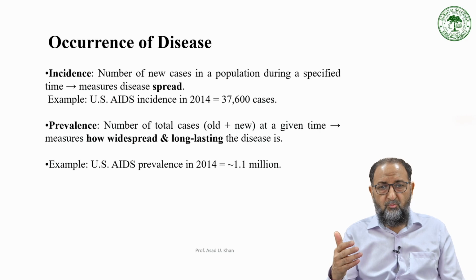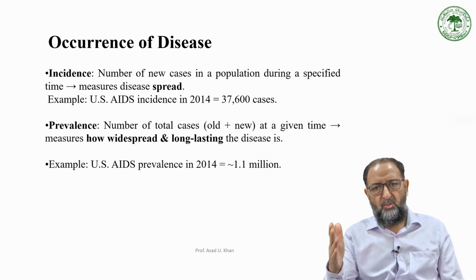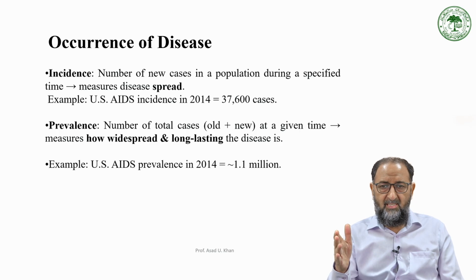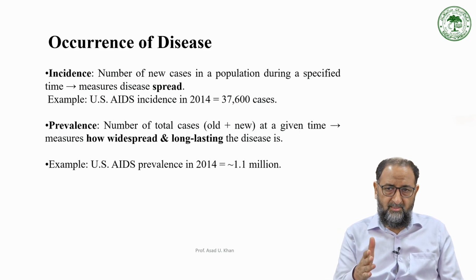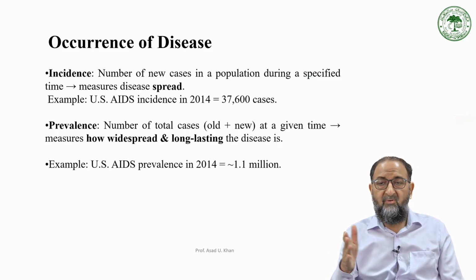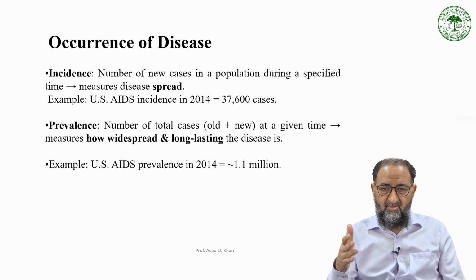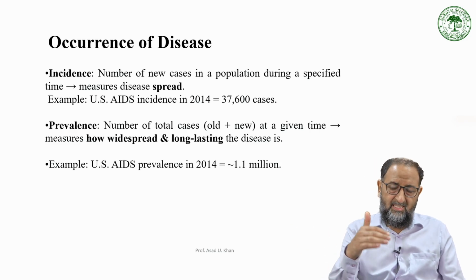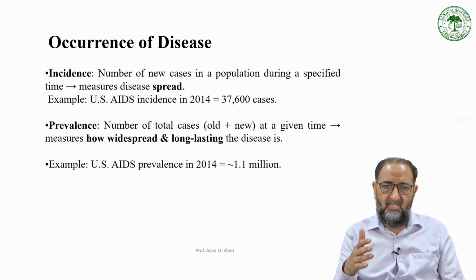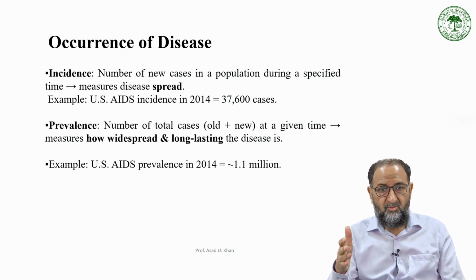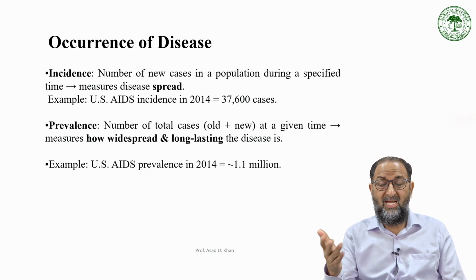Prevalence. Prevalence is used for the total number of cases, old and new, in a given time period. For example, in 2019 to 2020, what was the prevalence of COVID-19 cases? Whether old or new cases, at that time, what is the occurrence of these disease cases? We call that the prevalence of the disease, and we can measure how widespread and long lasting the disease is.